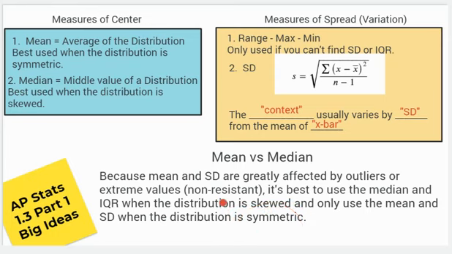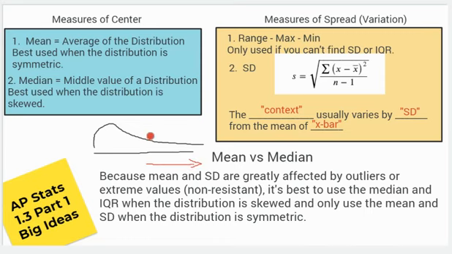Now, I know that kind of repeats what we said up here, but at the same time, it gives you an idea of why. I could draw a picture here real quick, and this will be the last thing that we do. If I have a distribution that is skewed like this, skewed right, then the mean is going to get pulled towards that tail.